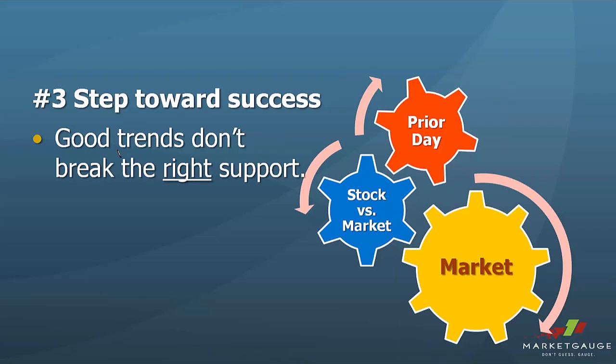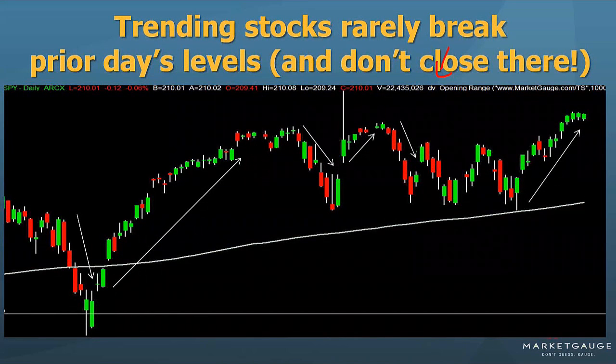This third secret to this process is looking at the prior day's range. Good trends on daily charts don't break the prior support. In fact, they don't break the prior day's low, and they even more rarely close below the prior day's low.